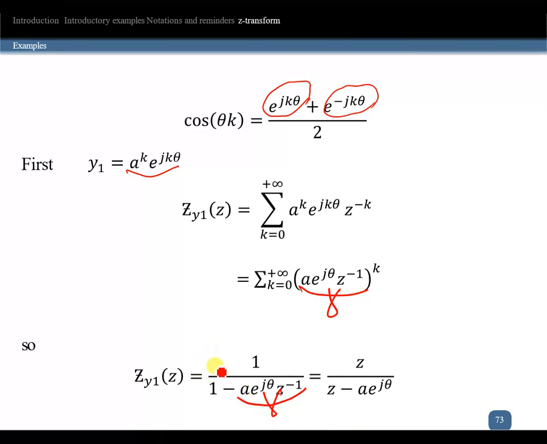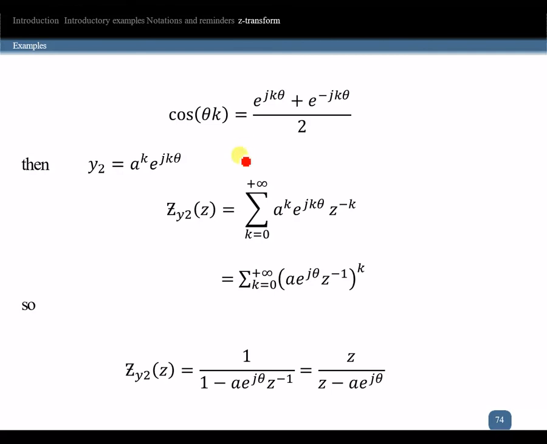Multiply the denominator by z, and you find the answer: z over z minus a e^(jθ). Now we go for the second part of my signal. I put e^(-jθ), and you find answer 2.